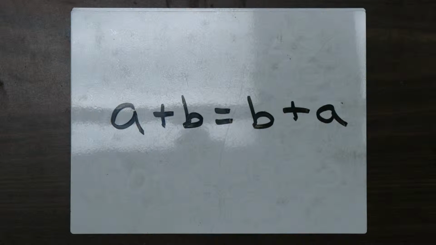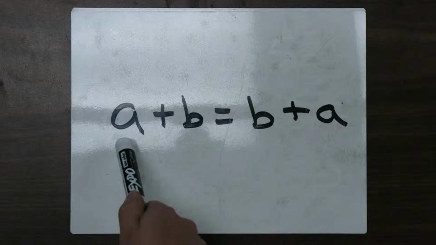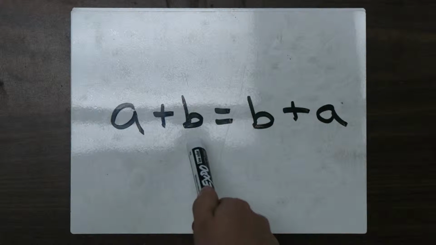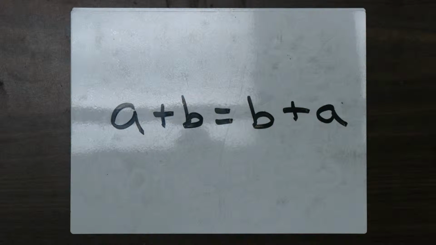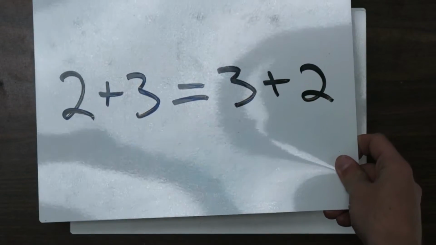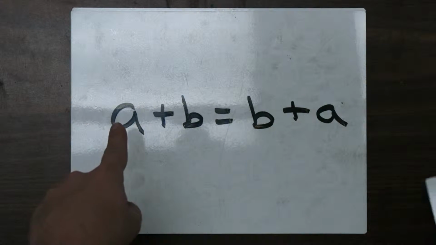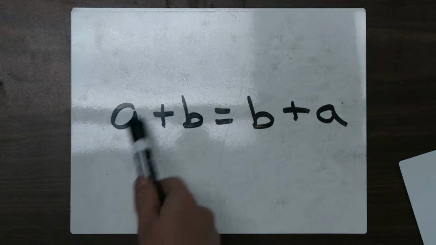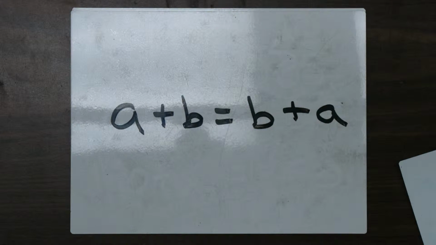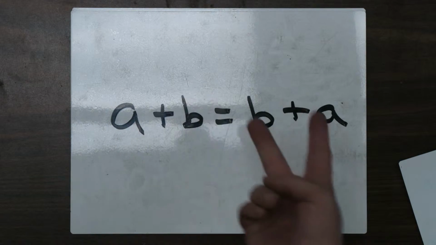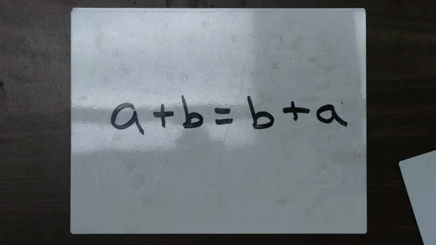So for example, I can replace 2 with an A and replace 3 with the letter B and rewrite the original statement 2 plus 3 equals 3 plus 2. So A is 2 and B is 3. A plus B equals B plus A. I've just taken the first two terms and flipped them around. They should equal each other based on the commutative property of addition.